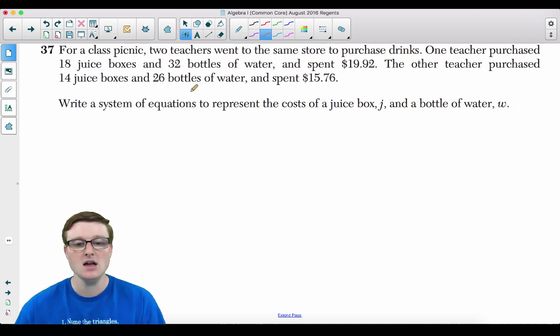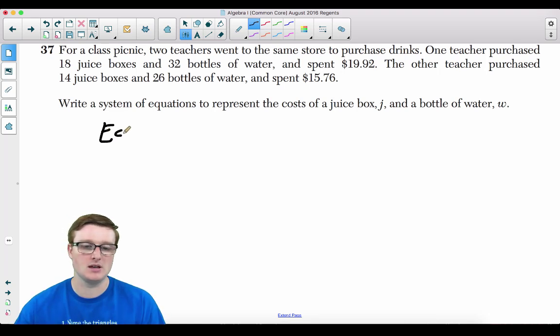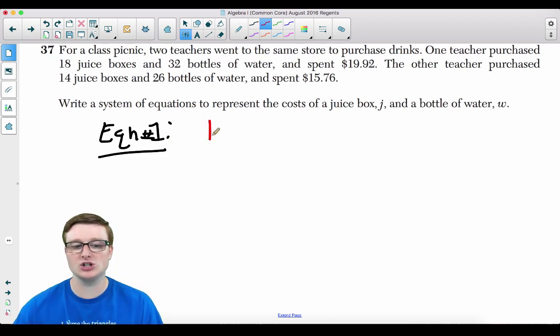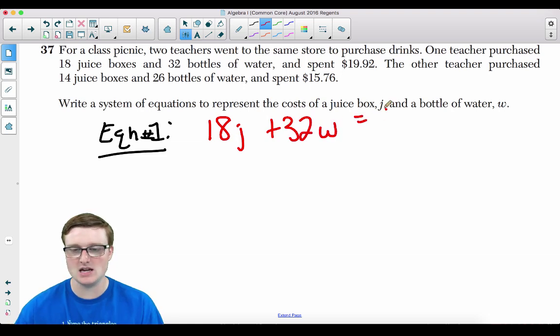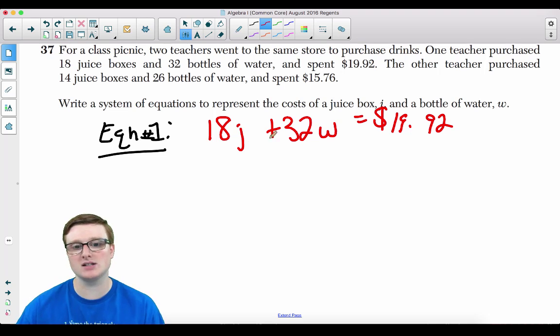So, I'm going to write the first equation. Equation number 1. This is for the first teacher who went to the store. So we're going to say that the first teacher has 18J plus 32W equals $19.92. This means that she bought 18 juice boxes plus 32 water bottles, and she spent a total of $19.92.